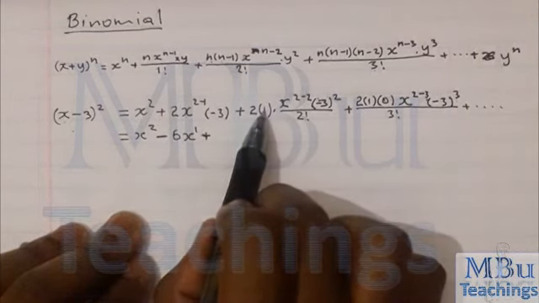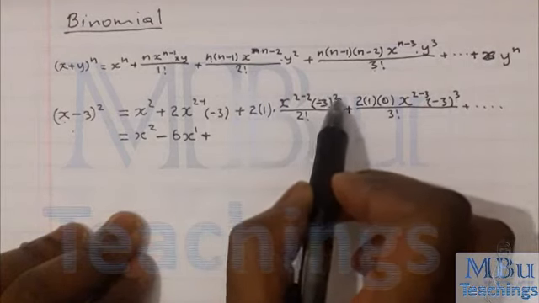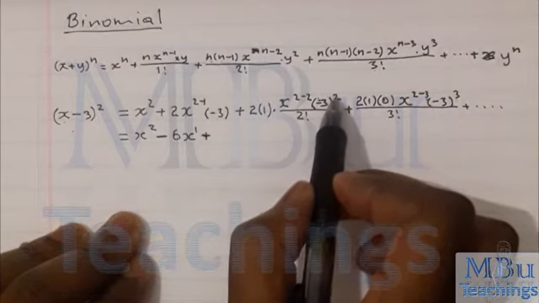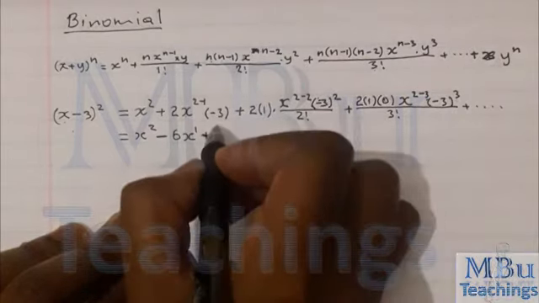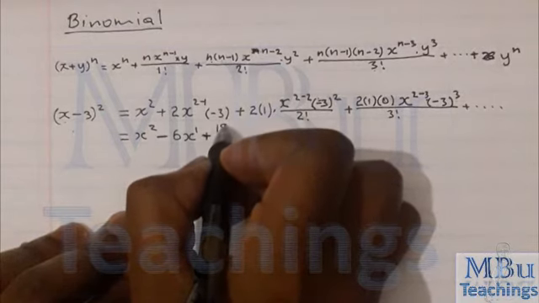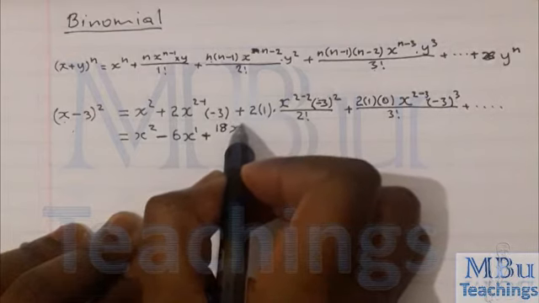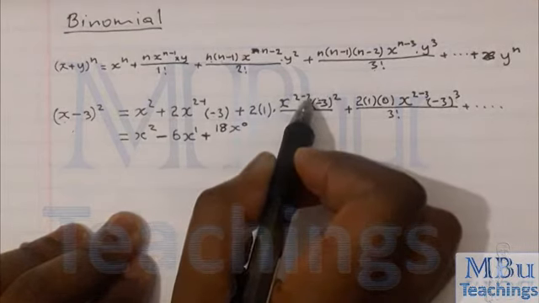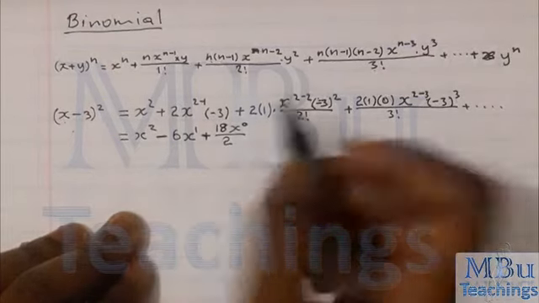We have 2 times 9, because 3 squared is 9. So 2 times 9 is 18. We have 18. X to the power 2 minus 2 is 0. Divided by 2 factorial, which is 2.